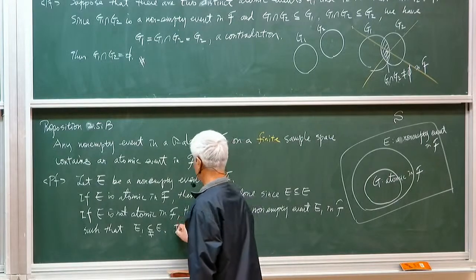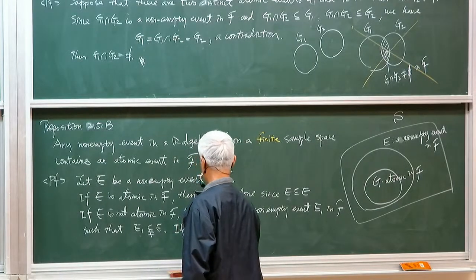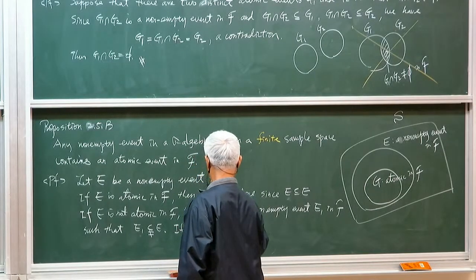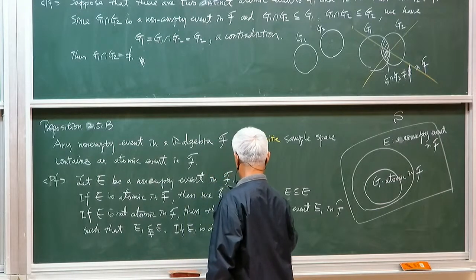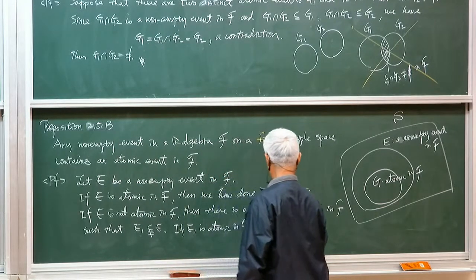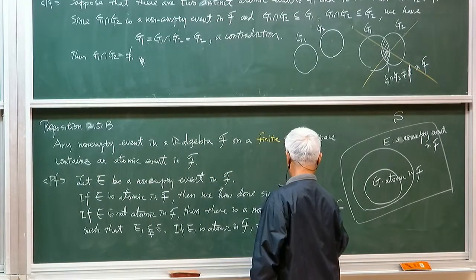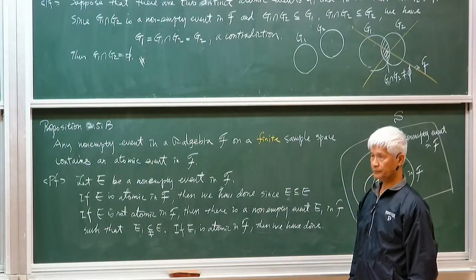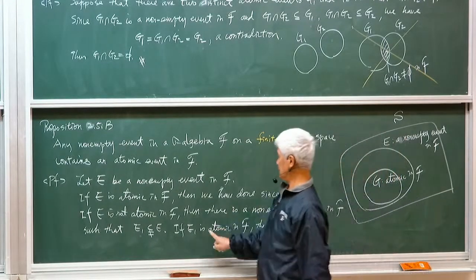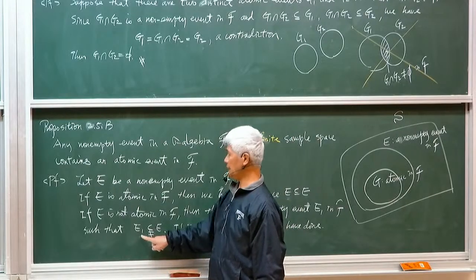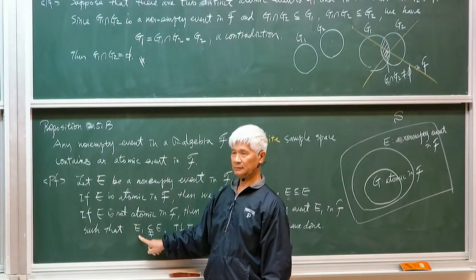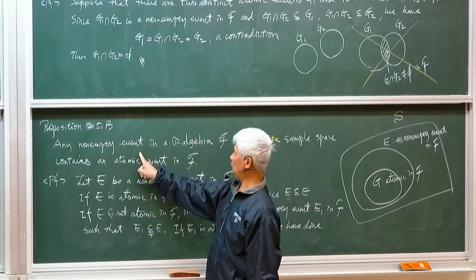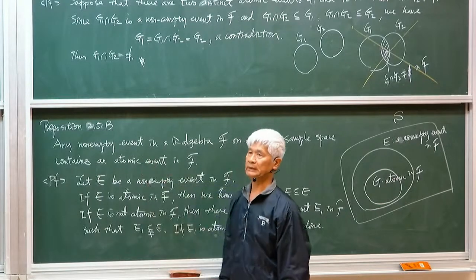Okay. Now, if E1 is atomic in F, then we have done. Why? If E1 is atomic, then we know E contains an atomic event. That's what we want to prove.